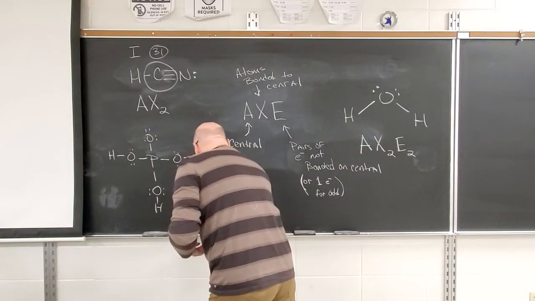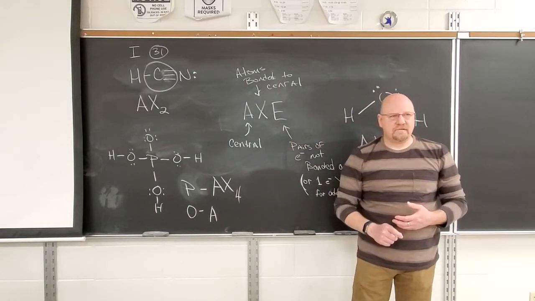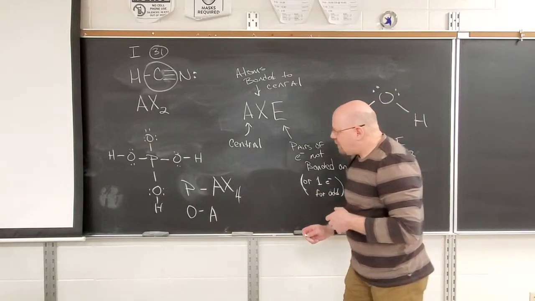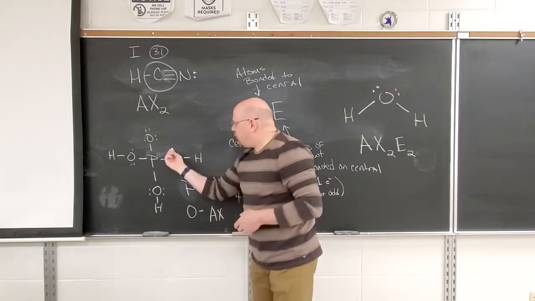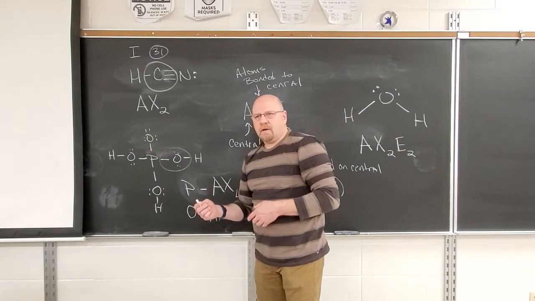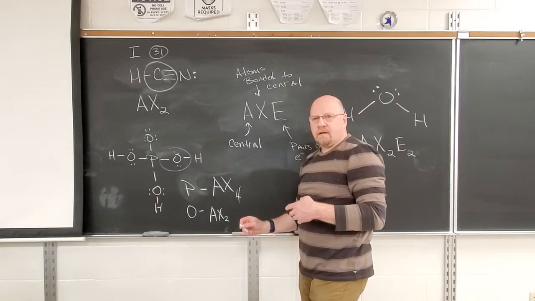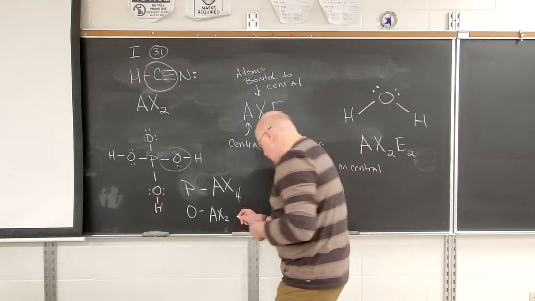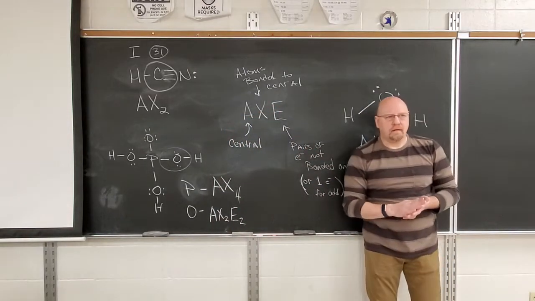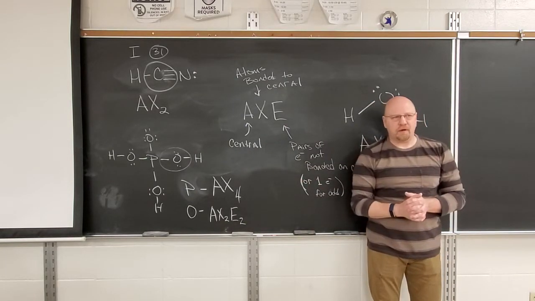So in this case, all of those oxygens are going to be what? So what would be around that one? AX2 and E2. Now, because they're all the same, I don't need to redo it over and over again. Everybody okay with that?